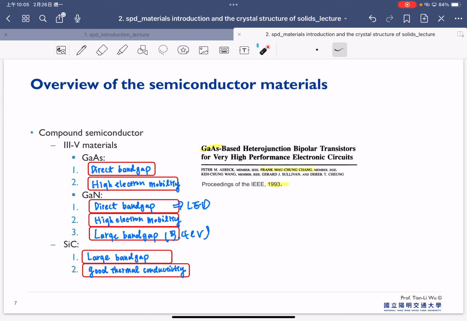So if we use silicon carbide as the material, the thermal issues inside the component can be highly reduced compared to silicon. Therefore, gallium nitride and silicon carbide, these kinds of wide band gap compound semiconductors, both have good properties such as a large band gap, and silicon carbide also has good thermal conductivity.